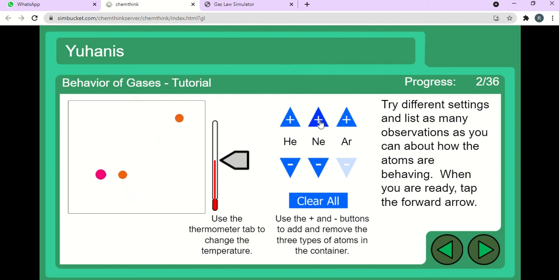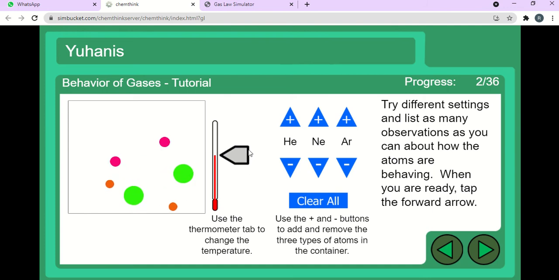Okay, if I put neon, neon has a slightly bigger size, so we can see the speed of neon is a bit slower compared to that of helium. And then argon, okay, even larger in size. What about the speed? The speed is even slower compared to helium and neon.